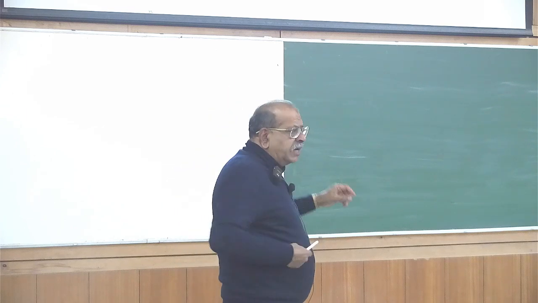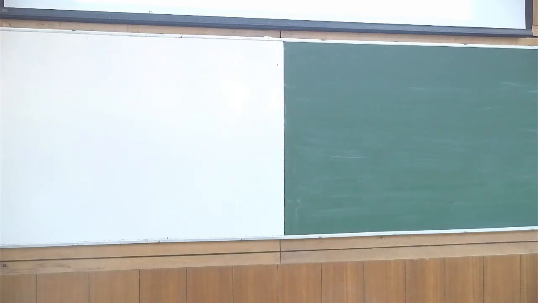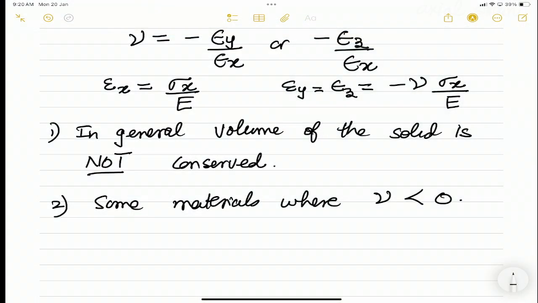But you still find some materials where Poisson's ratio is less than 0. That means you pull in one direction and they will also increase in the other directions. So there are some materials where you will find this.